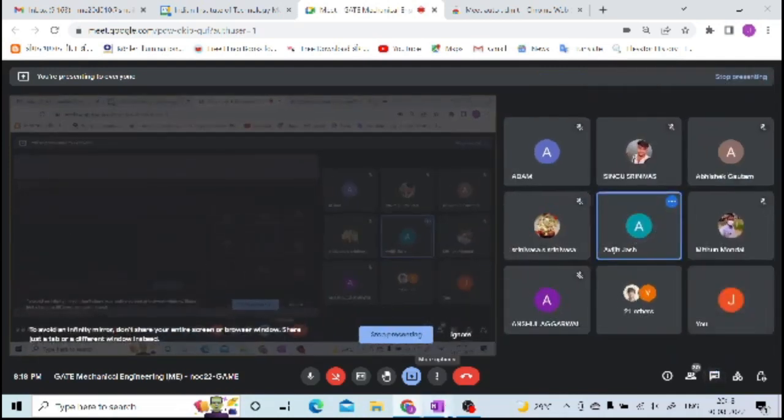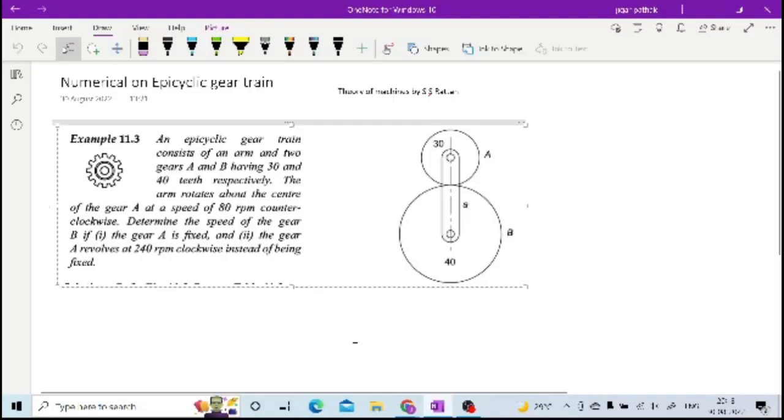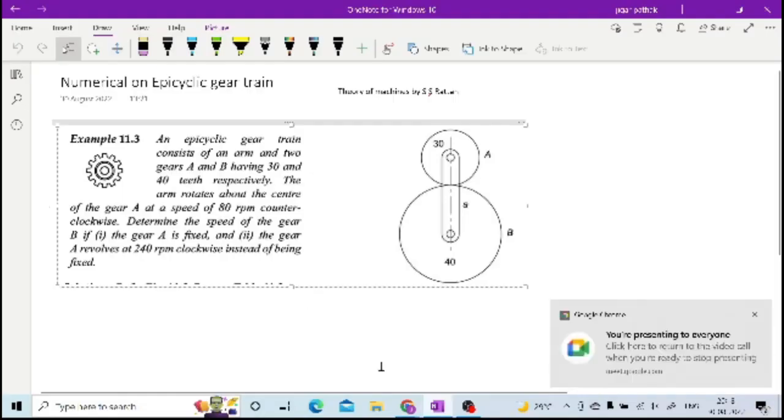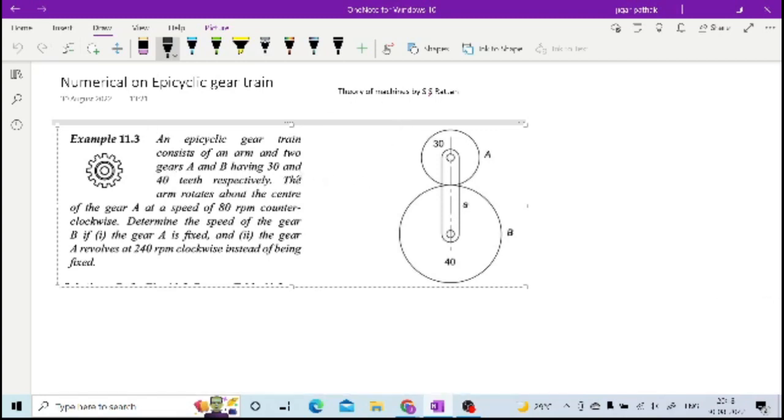Okay, so now let us go to solving this simple question, right? Here you are provided an epicyclic gear train, and you have this arm A, and gears A and B, which have 30 and 40 teeth respectively. Then the arm rotates about the center of gear A at a speed of 80 rpm counterclockwise.